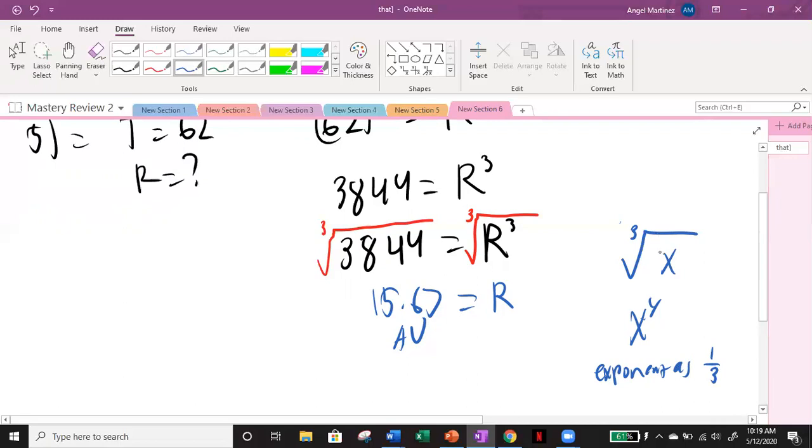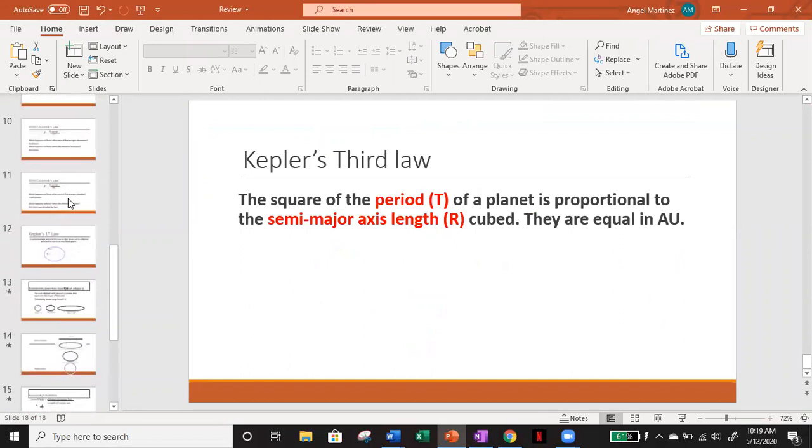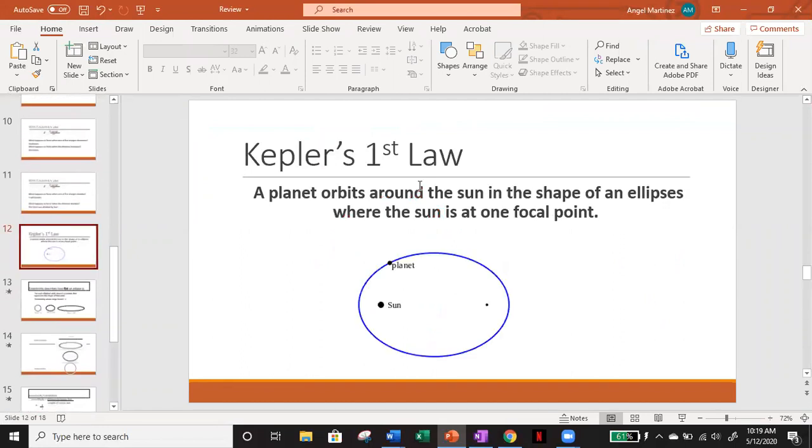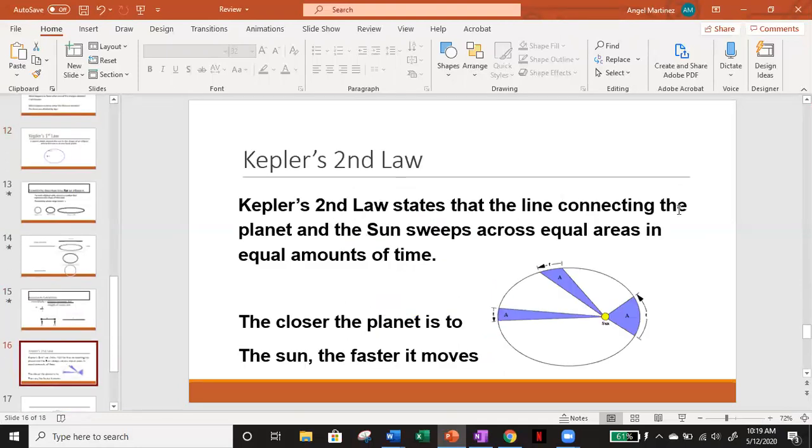All right. Let's have a review of Kepler's laws. Let's review each of them very quickly. First law, planets orbit around the sun in the shape of an ellipse. So we usually find eccentricity. If we find eccentricity is bigger than 0, we can tell it's not a perfect circle. Second law, they sweep across equal areas in equal amounts of time.